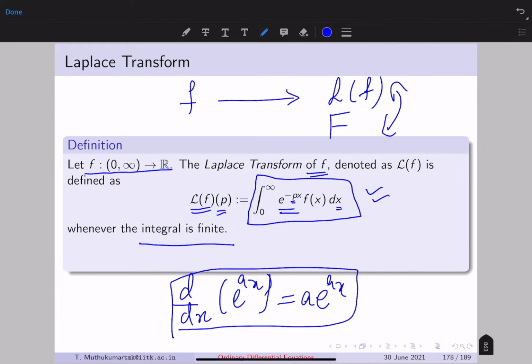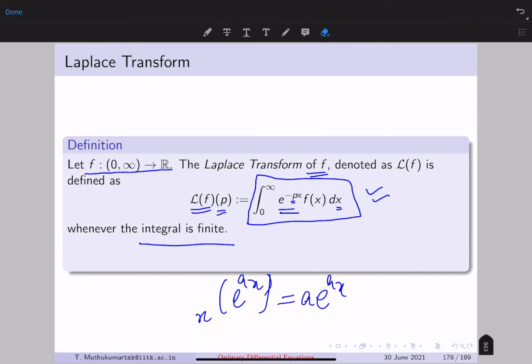What you need to understand here is that this definition is nothing but a generalization of power series. One can view it like that. For instance, let me recall something about power series for the time being.